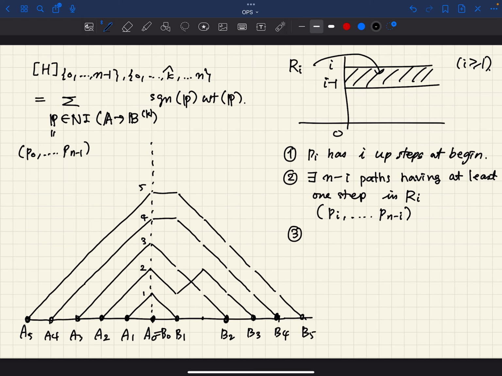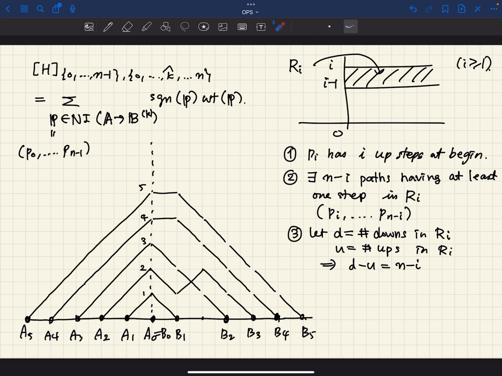Let's say D equals the number of down steps in R_i, and U the number of up steps in R_i. Then D minus U is always n minus i. Why is that?